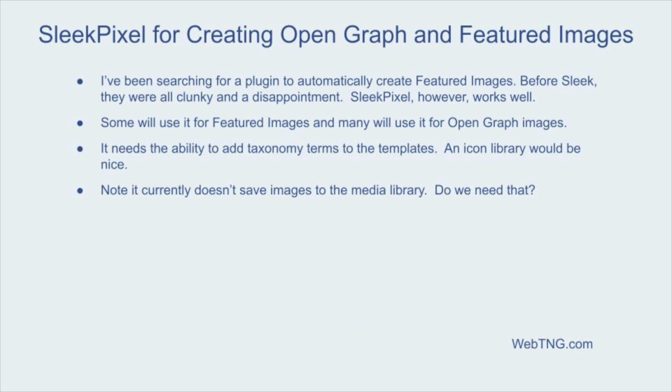Note also that when SleekPixel creates images, they're not being saved to the media library. For open graph images, that could be a big boon because creating a couple of images for every single post just for Facebook and X, your media library size grows fairly quickly. For featured images, though, I could see some people wanting to have the featured image saved to the media library.